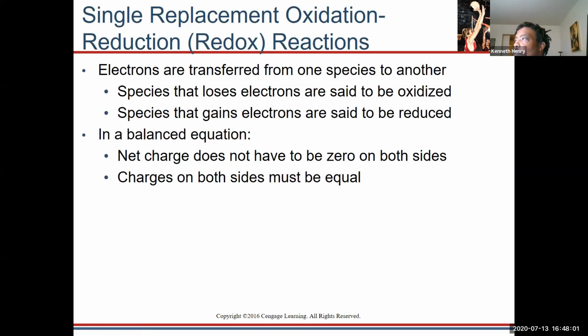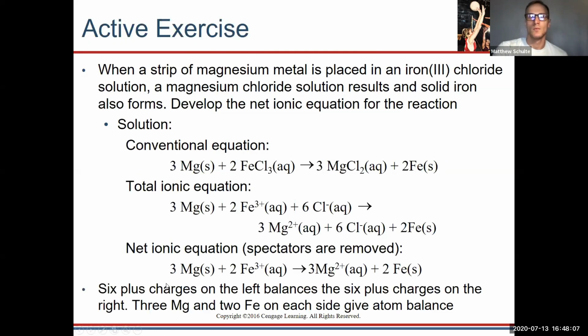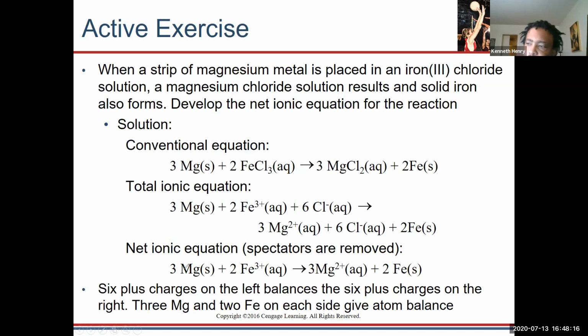Okay, so now, let's go back. If you look at this one, what is the total net charge of the magnesium here on the reactant side of the equation? Neutral. So I'm going to put a 0 for neutral.